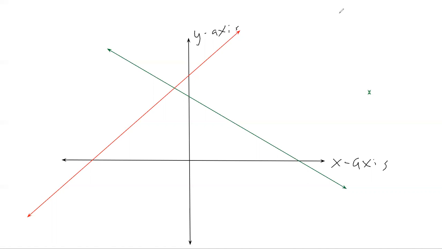Traditionally, the letter m is used for slope, so we could say m sub G for green is less than 0, and on the other hand, m sub R for red is greater than 0.